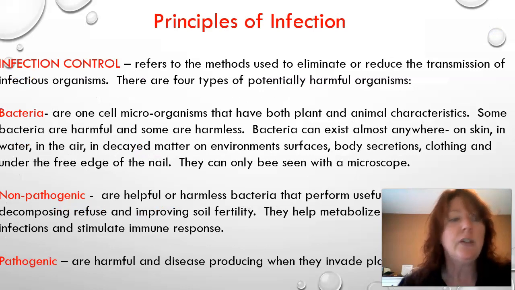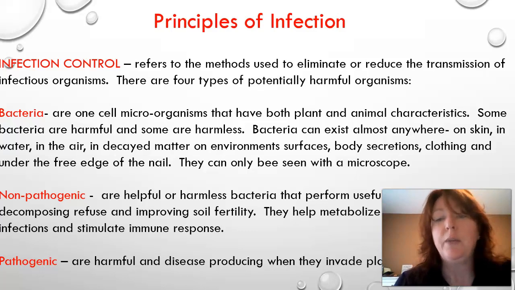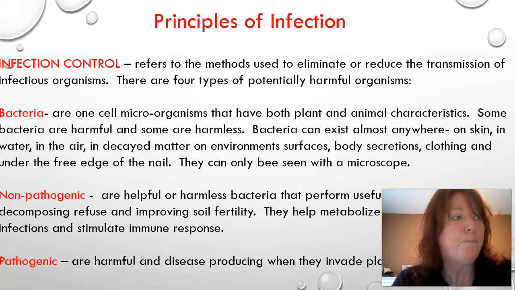Principles of infection. Infection control refers to the methods used to eliminate or reduce the transmission of infectious organisms. There are 4 types of potentially harmful organisms. Bacteria. When you think of bacteria, you think of things getting into a cut or whatever.